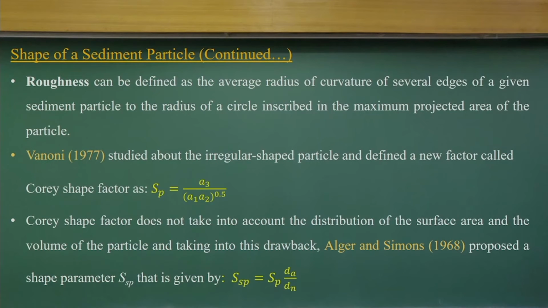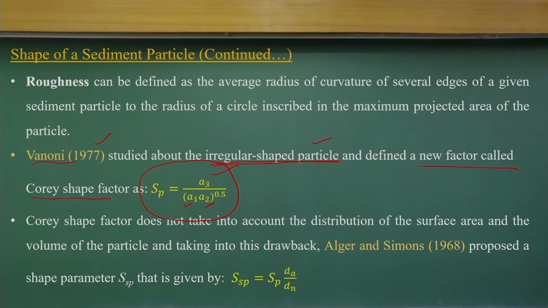In the same way, other researchers have also given factors. Like Binoni in 1977 defined a new factor called the Core-Shape factor, which is again a function of A1, A2 and A3. So definitely it is valid for irregular shaped particles.